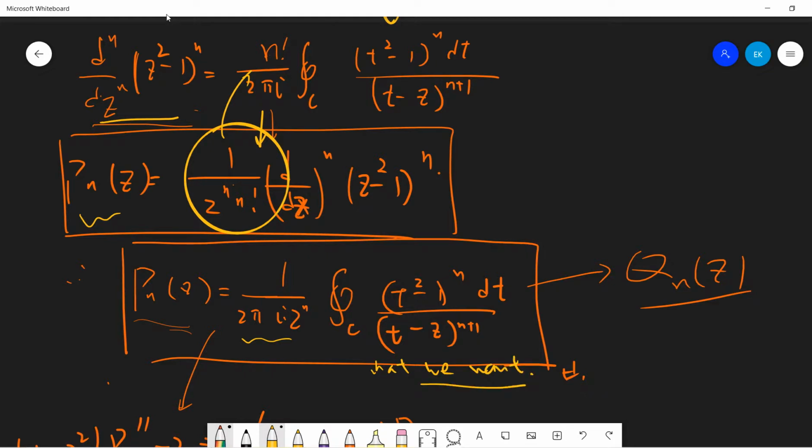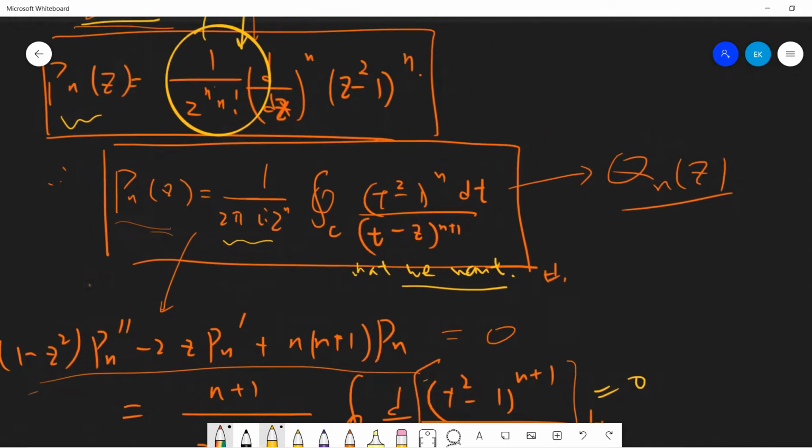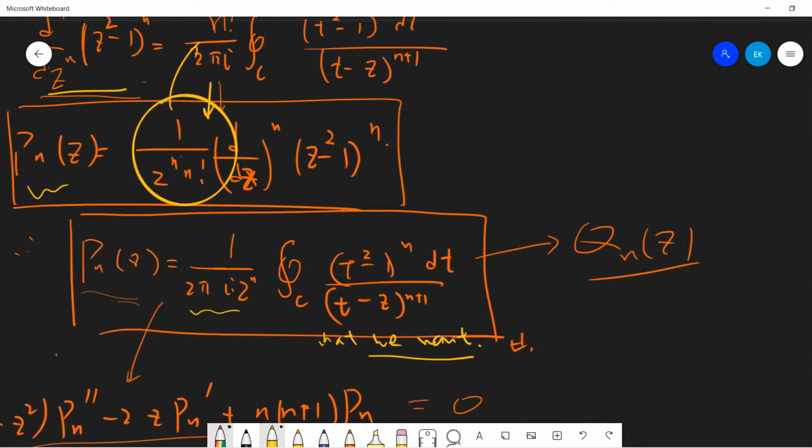The next thing is that one can directly check that this P_n(z) actually satisfies the definition of the Legendre polynomial. If you do this, it can be written as d over dt, so actually this is a total derivative, and this term evaluates to 0 if you take a proper contour integral.